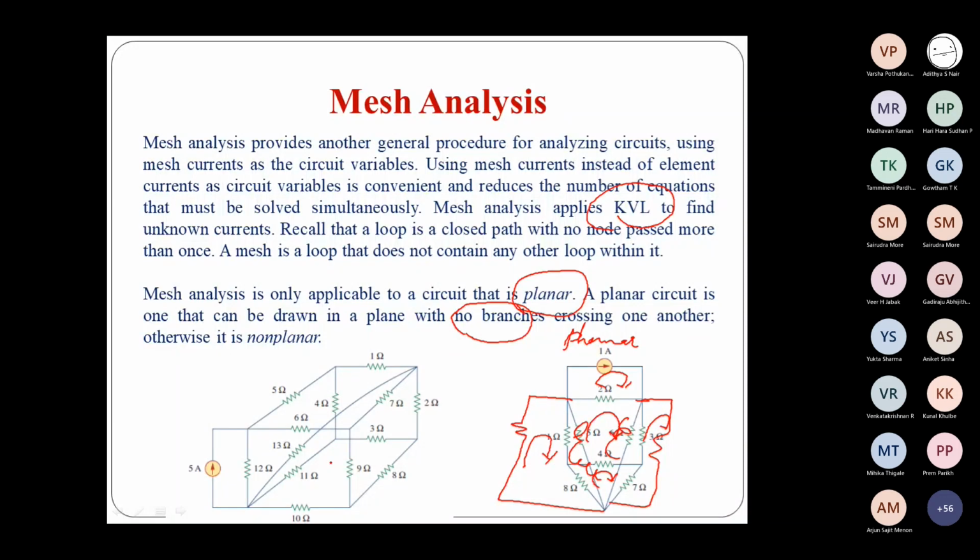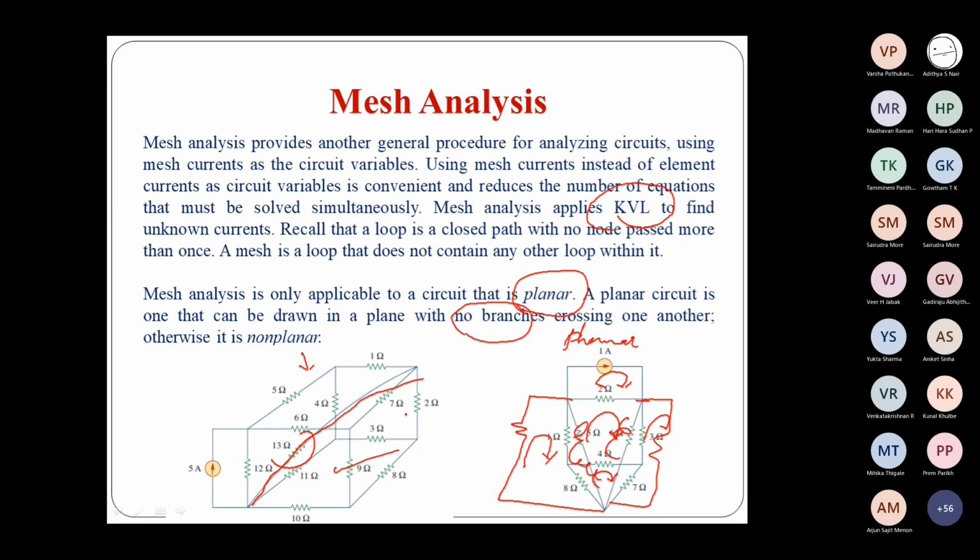Okay, so for example, here when you consider, anybody having a doubt? Okay, so now this is an example for the non-planar. See, all the loops are fine other than this branch. This branch is crossing this, so we are not able to identify a closed loop for this.